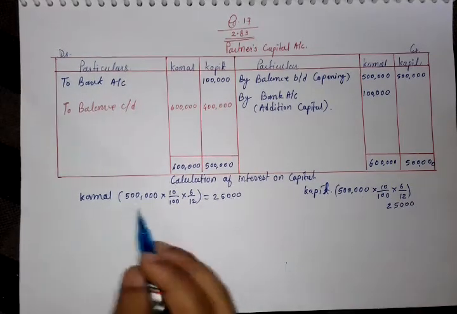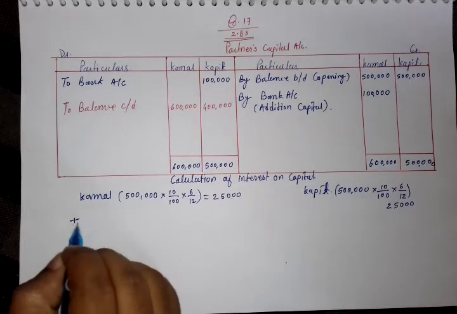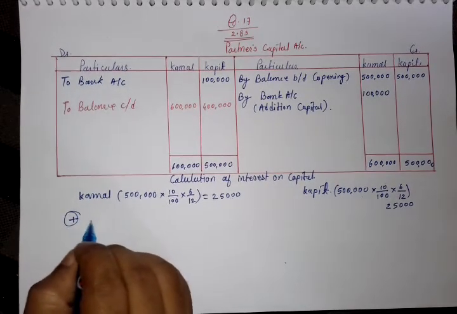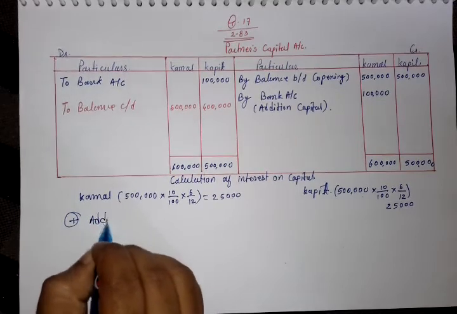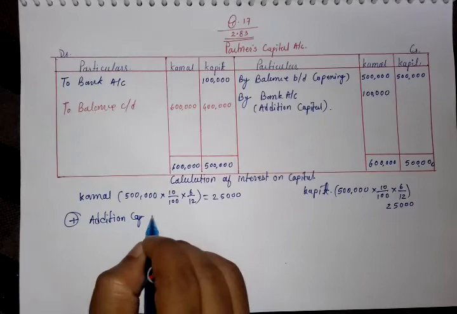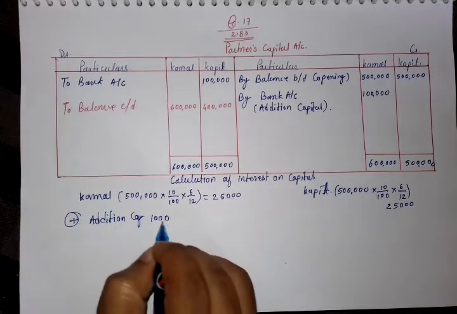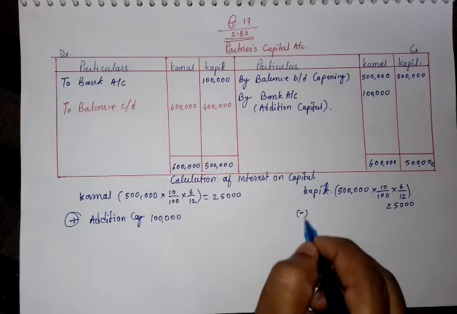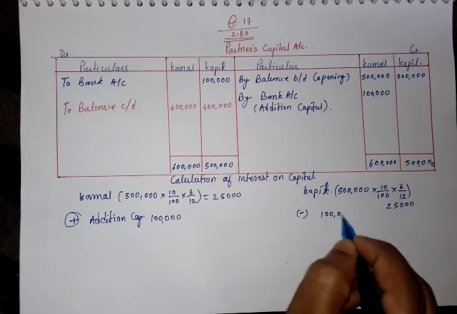Okay, now in case of Kamal, he brought some additional capital, 1 lakh rupees. Okay, and Kapil withdrew 1 lakh rupees on the same date.